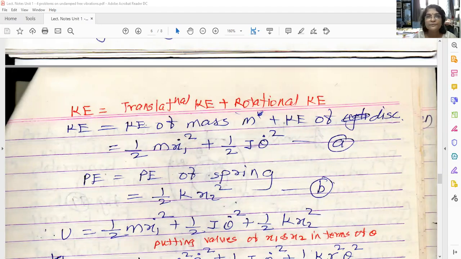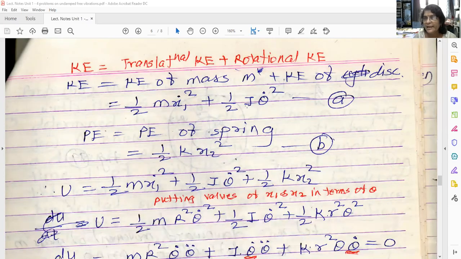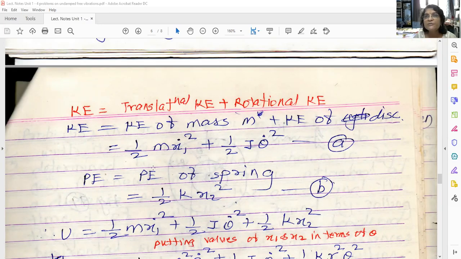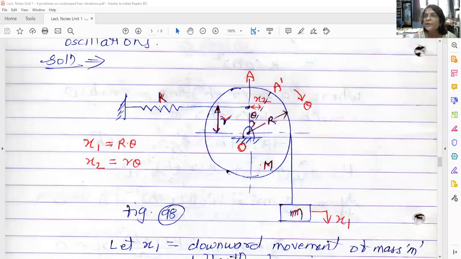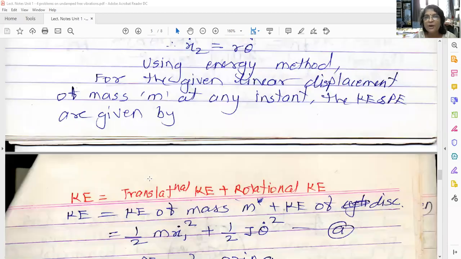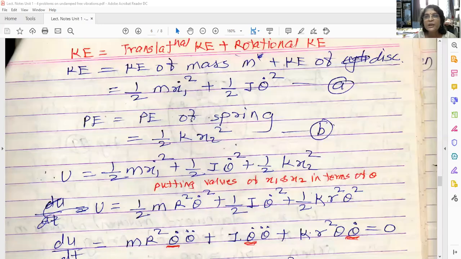Okay, so this is your total kinetic energy. Now what is the potential energy? There is a spring here which will provide potential energy. So what is the potential energy provided by the spring? PE is equal to 1/2 k x2 square. Okay, because spring is deflected by x2 amount. So potential energy of the spring is 1/2 k x2 square.